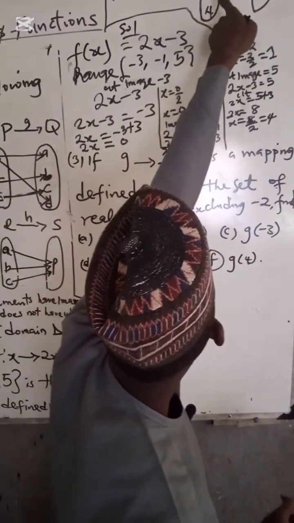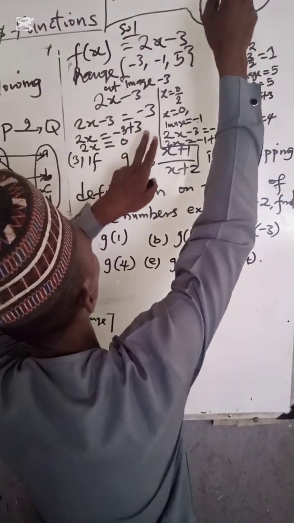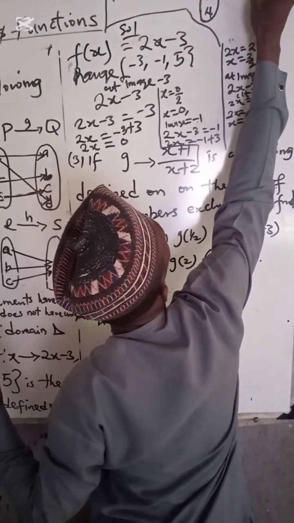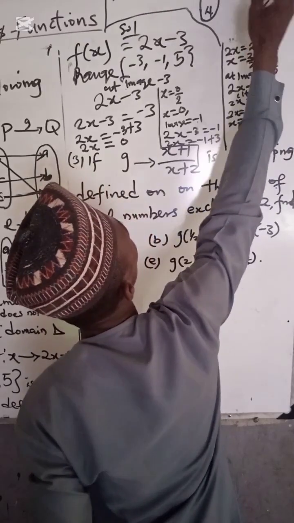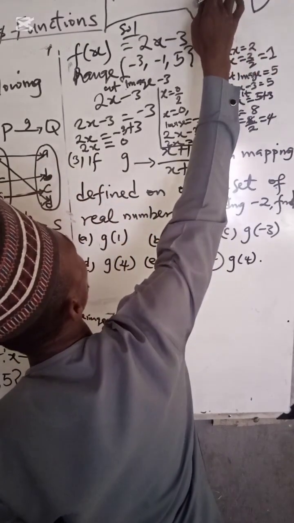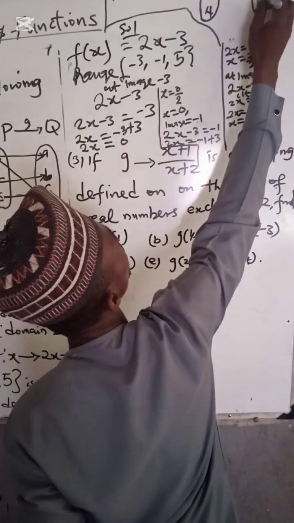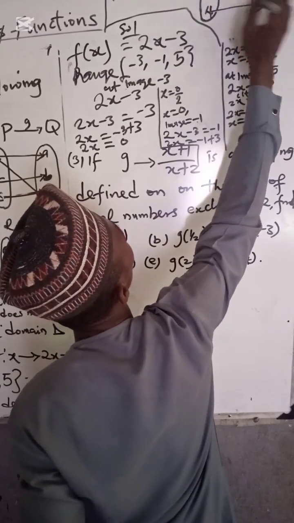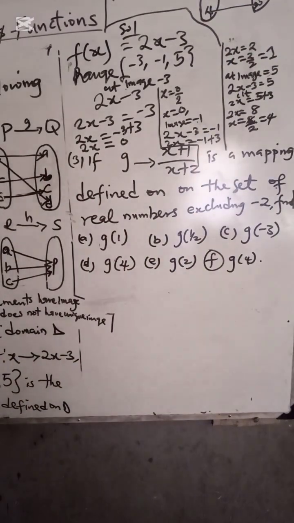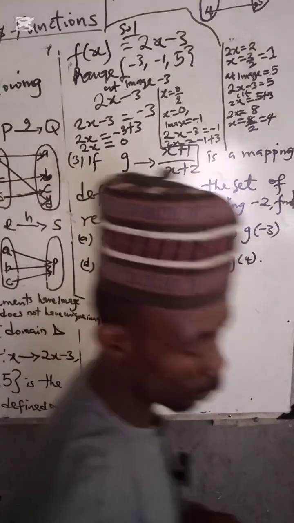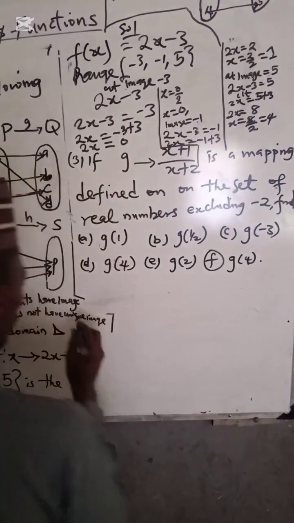The image that gave us domain 0 is minus 3. The image that gave us 1 is minus 1. The image that gave us 4 is 5. So we can plot it this way. What type of mapping is this? This is exactly a one-to-one mapping. And I believe we are enjoying this. It's becoming clearer.